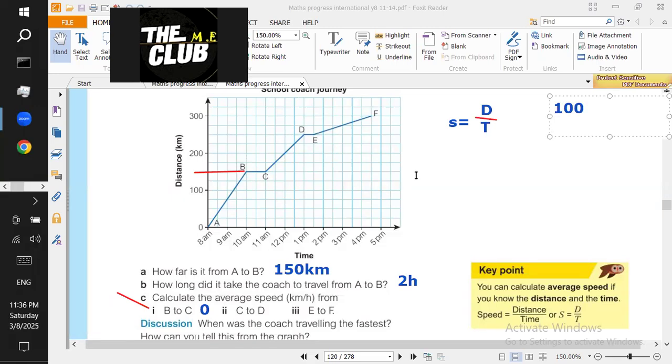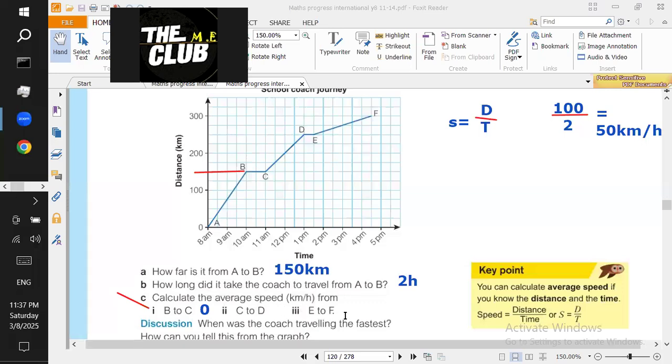The time from C to D is from 11 till 1, so 2 hours. You divide 100 by 2, which is 50 kilometers per hour. And that's the C to D speed.